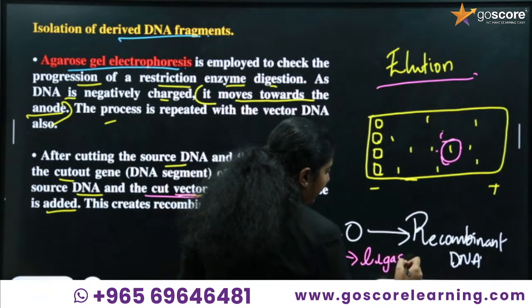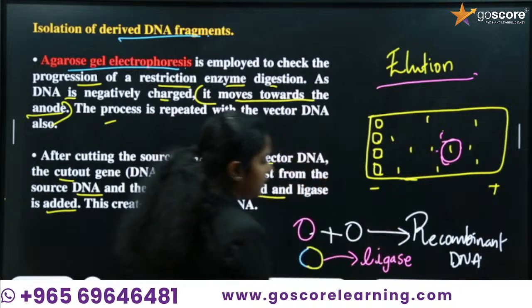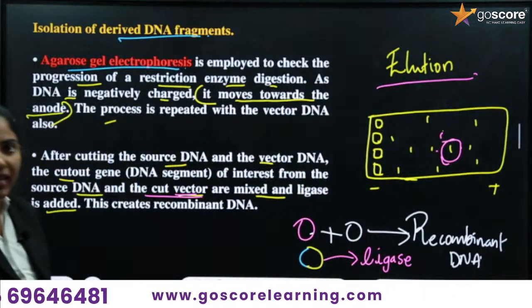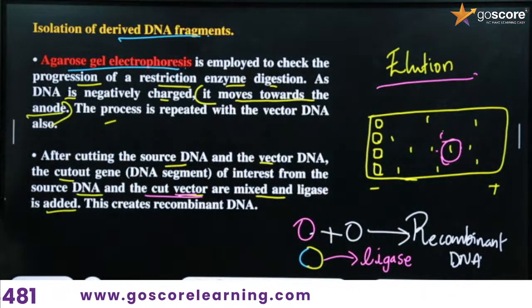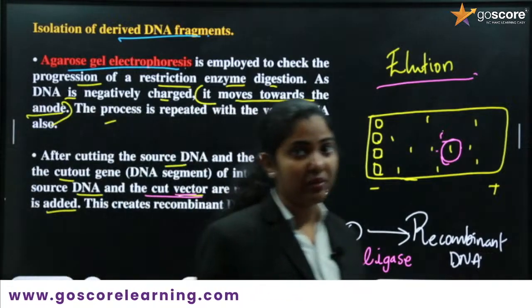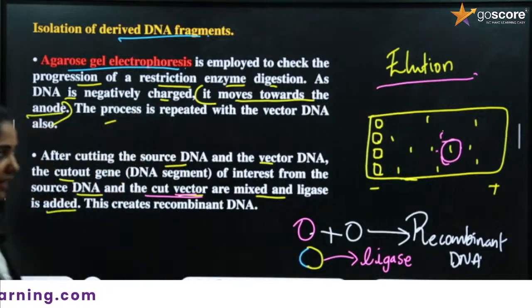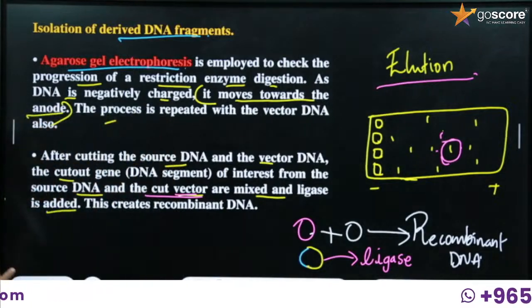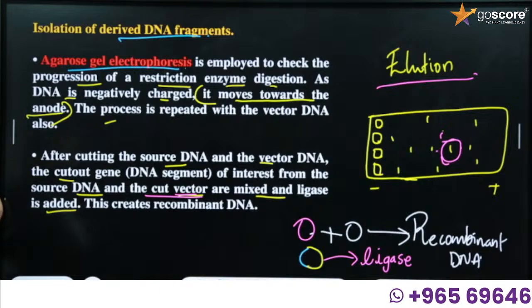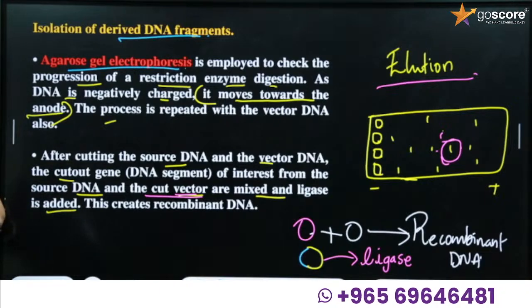We have studied the ligase enzyme in molecular basis of inheritance, right? Ligase enzyme, Okazaki fragments. Do you remember that? Okazaki fragments can be joined together with the help of ligase. So this is the condition for the next step.